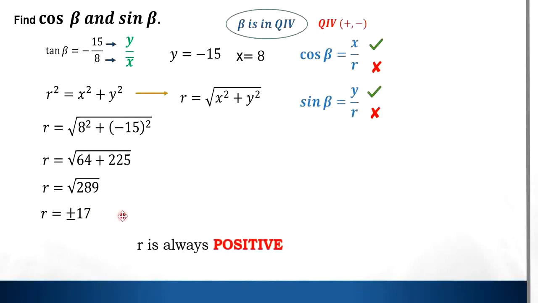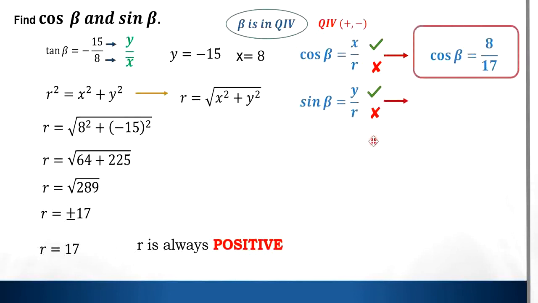But according to the rule, r is always positive. Therefore, r is equal to positive 17. And after finding this one, we can now find the value of our cosine beta, and that is equal to 8 over 17. While your sine beta is equal to negative 15 over 17.